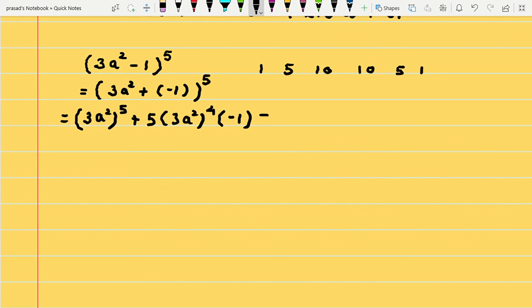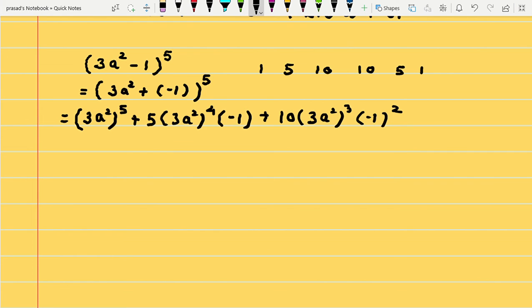Then the next coefficient is 10. Reduce 3a square's power by 1 and increase negative 1's power by 1. See, the total power should be 5. So here 3 plus 2 is 5, in the previous term 4 plus 1 is 5.